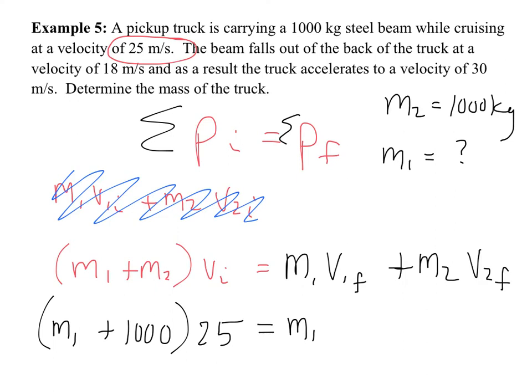What is the velocity of the truck after the beam falls out the back of it? 30 meters per second, good. Plus the mass of the beam, which is 1,000, times the velocity of the beam, which is 18. So the beam is still moving forward.